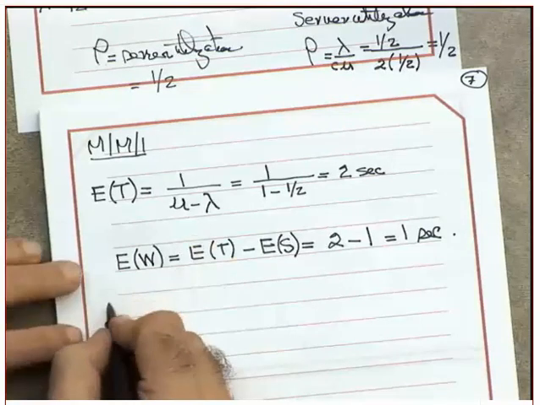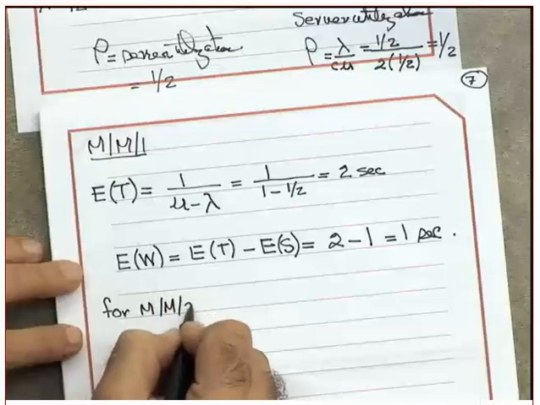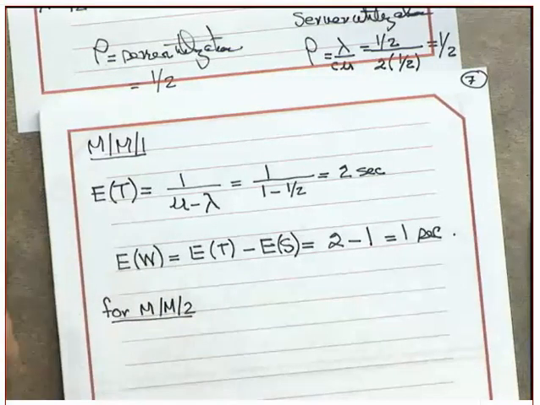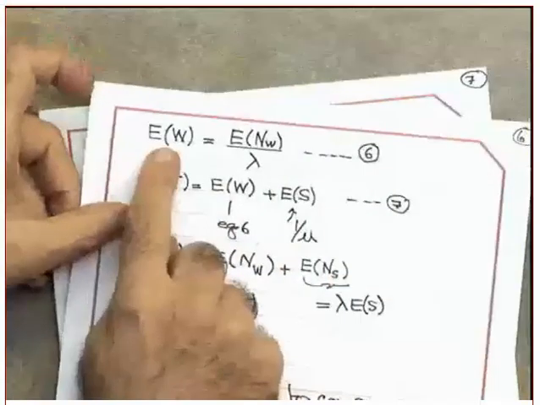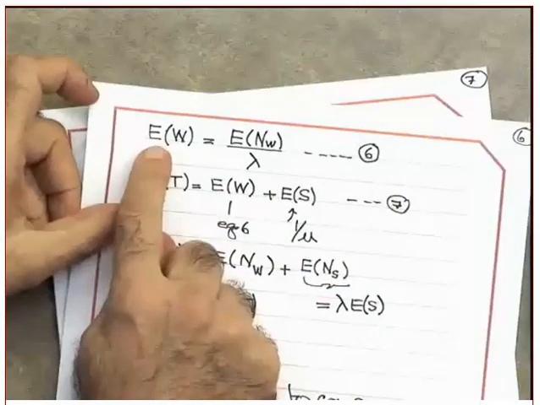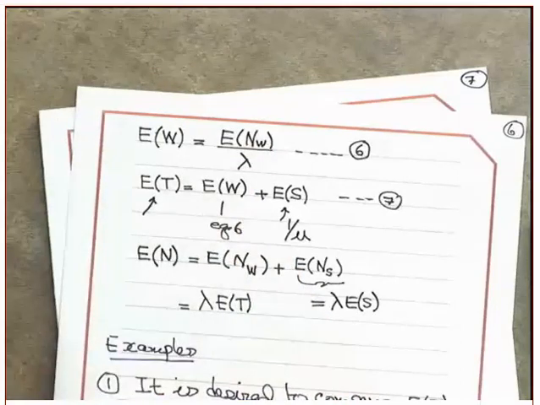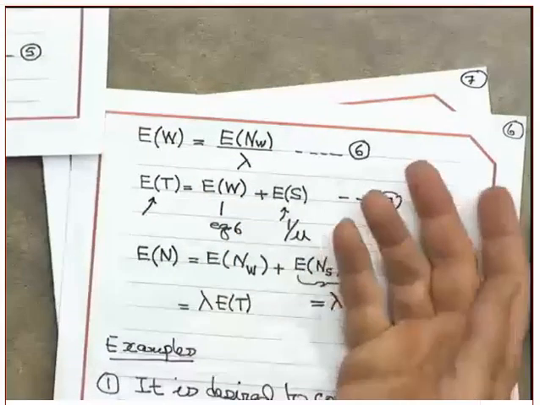Now, for the M/M/2. What do I need to find first? I want you to see the equation of E of W. E of W depends on what? E of NW. Agree?